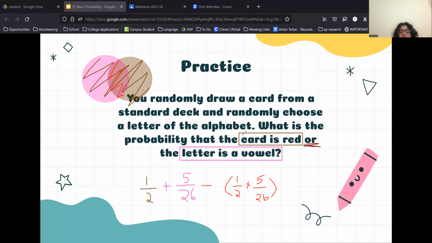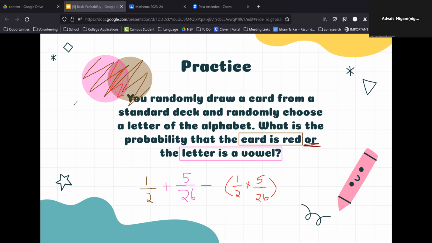So because it's counted when we count both the card is red and that the letter is a vowel, we don't want to count it multiple times, right? We only want to count it once. So because we're counting it twice, we only have to subtract the intersection once to remove one of those times we're counting. Could you explain that again? I don't really get it.